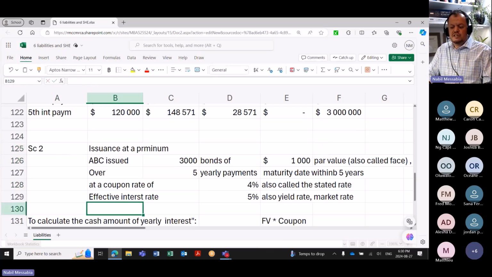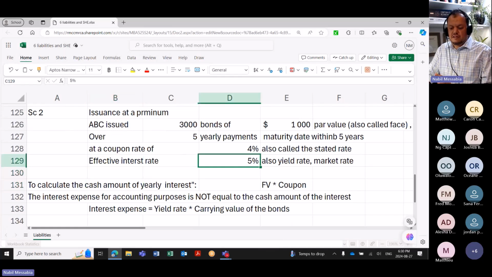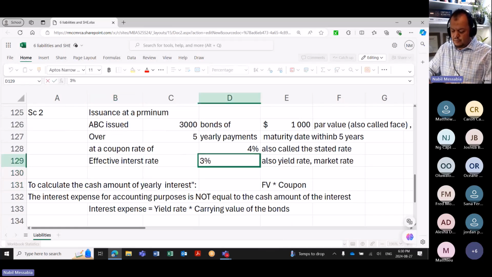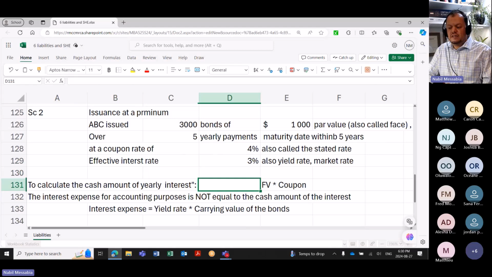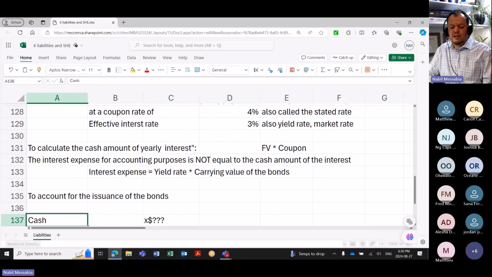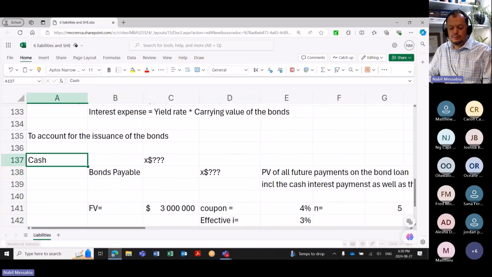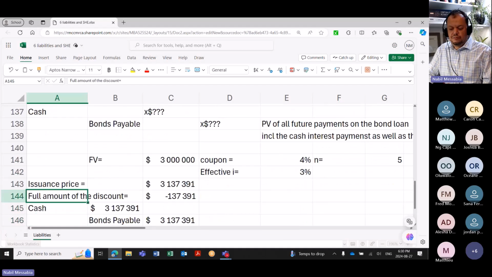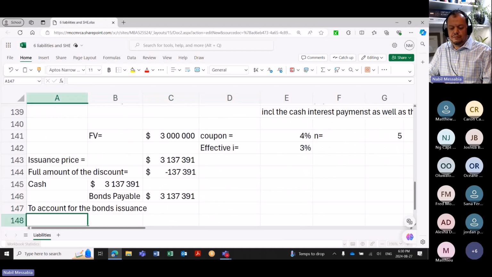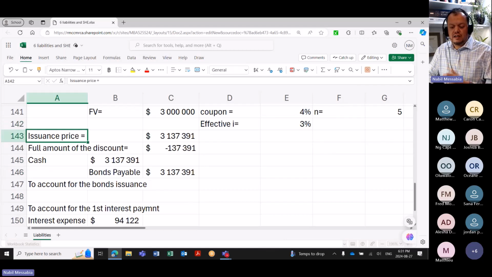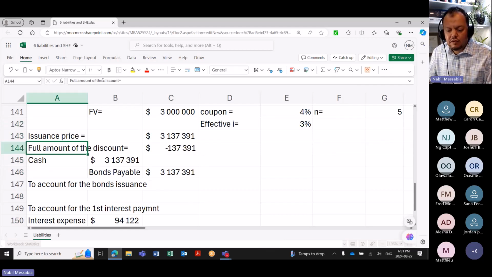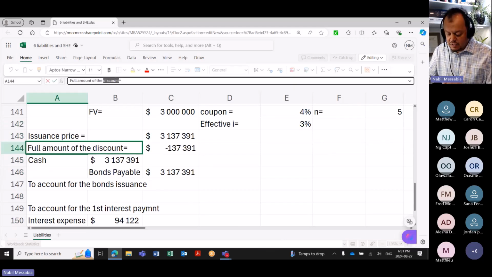And all I have to do is simply to change the effective interest rate to 3%, for example. And when we do this, the calculation will end with an issue price which is higher, and then the full amount of the premium now, not a discount.